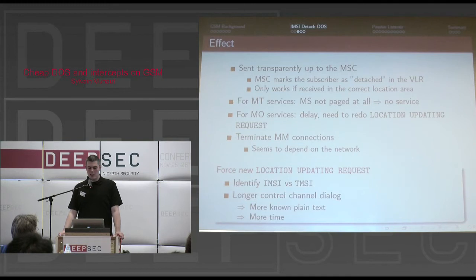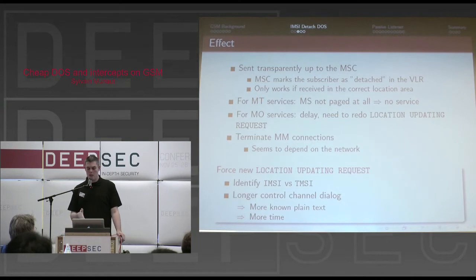An interesting side effect of the fact that you force a new location update request is that it can help you uncover the relation between the IMSI and the TIMSI. When you log into the network, to try to hide your identity, the network gives you a temporary ID, which is only valid in that particular location area, and that's what's supposed to ensure confidentiality.